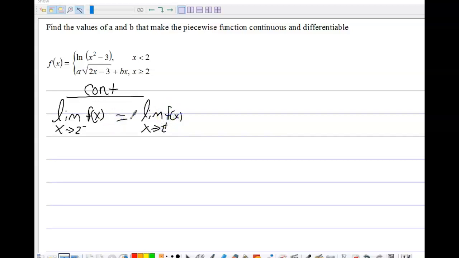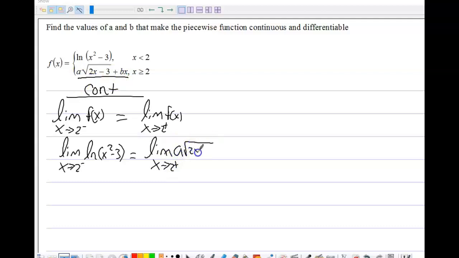Okay, so if I'm approaching 2 from the left, then I'm going to be using the piece that has the ln in it. And if I'm approaching 2 from the right, I'm going to be using the piece that has the square root in it. So if we do our direct substitution, if I plug in 2 here, 2 squared is 4, and 4 take away 3 is 1, and ln of 1 is 0.